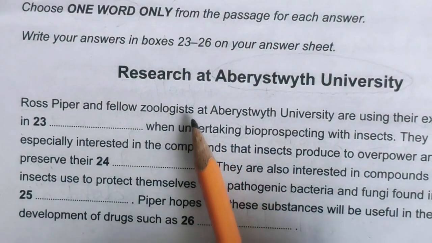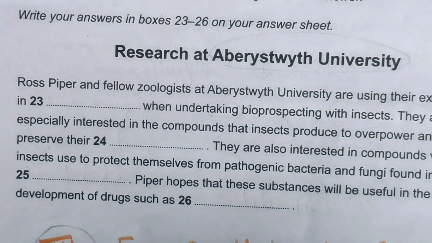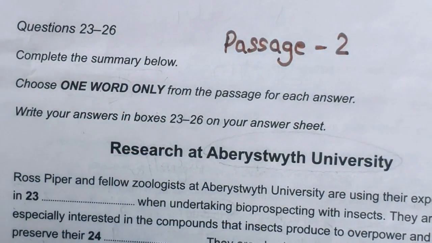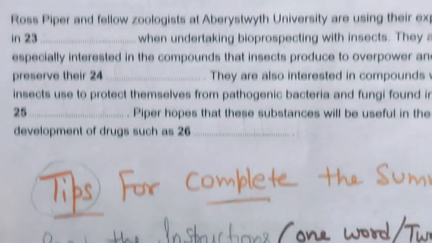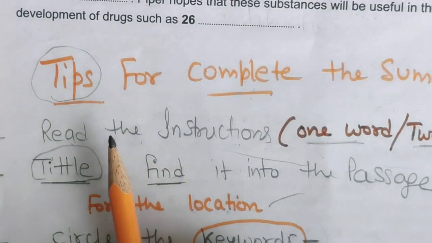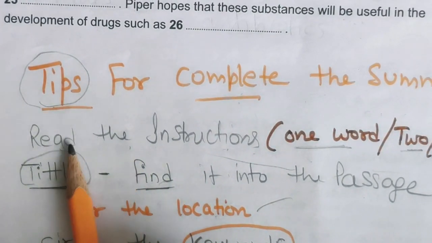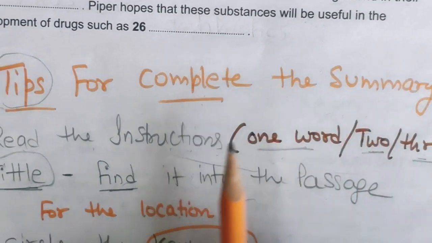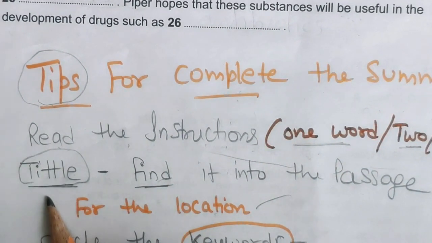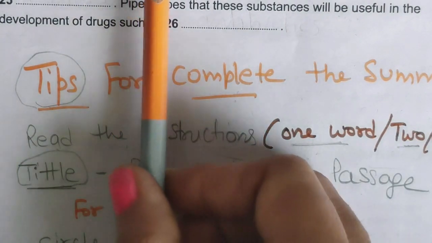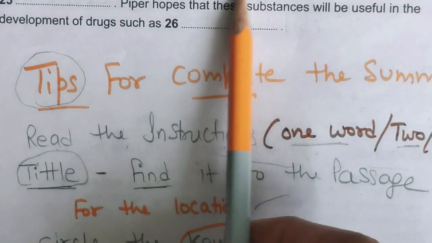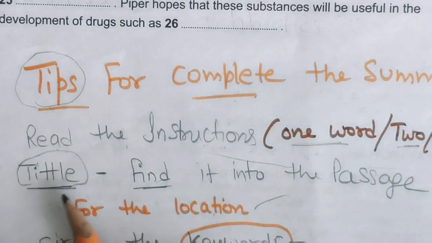See, there are some rules for how you can finish this, complete the summary. I will tell you some tips for completing the summary. The first tip is, always read the instructions, whether it is one word, two or three words. Next, before reading the main paragraph or main questions, always read the title of the passage.